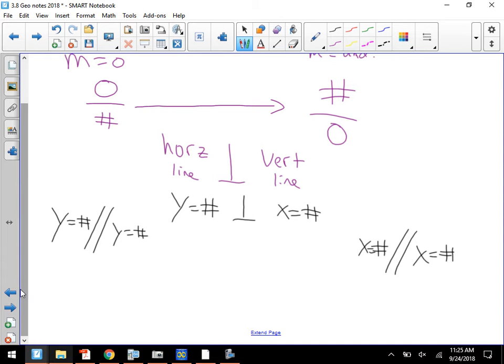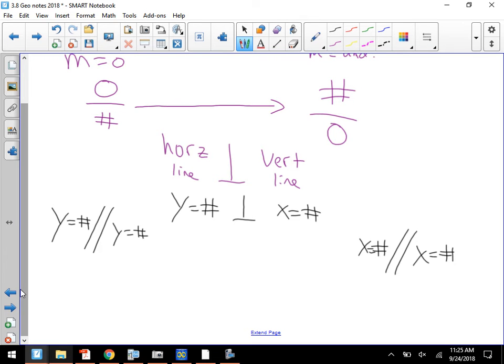So here's what we're going to do. Going along with a lot of this, we're going to write an equation of a line either parallel or perpendicular to a given line through a specific point. I've always done these problems the same way, whether it was geometry or honors algebra 2. I always start these problems the exact same way every single time. And I'll show you guys how I do this.